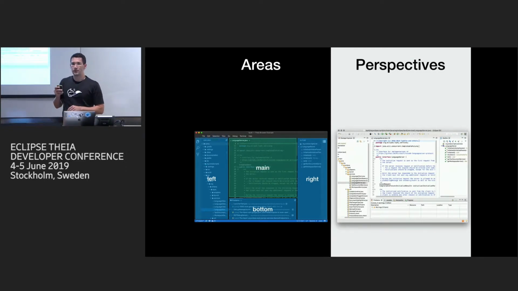While in Eclipse IDE, you have the notion of perspectives, which can be rearranged and stored by users. So you could have multiple ones and such. To achieve the same in Eclipse Theia, you would need to contribute something which actually replaces the default application shell.